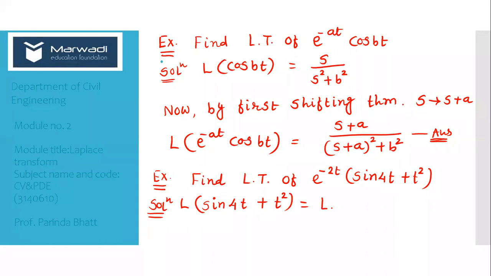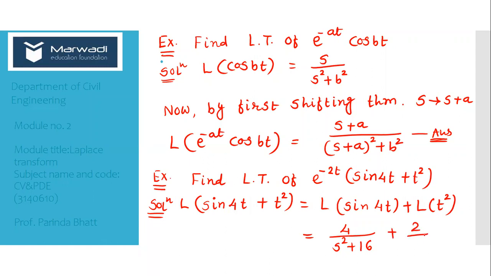Therefore, Laplace of sine 4t plus Laplace of t square. What is sine 4t? 4 by s square plus 16. And t square is 2 factorial, and this is 2 by s cube. Okay. Now by first shifting, s is shifted to s plus 2.